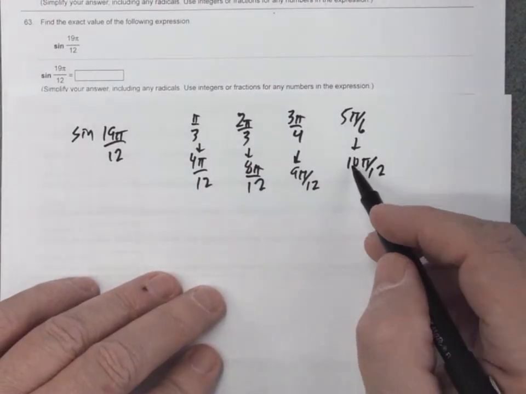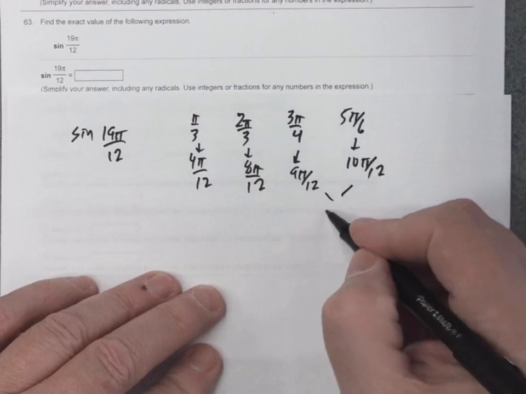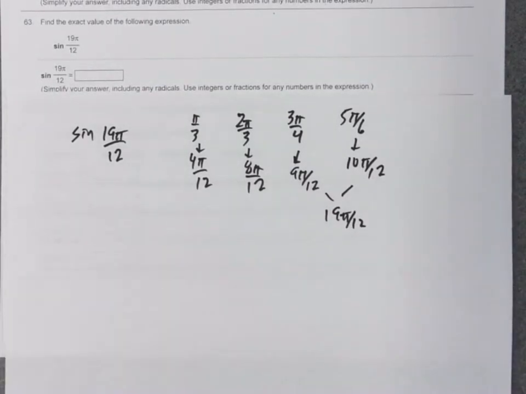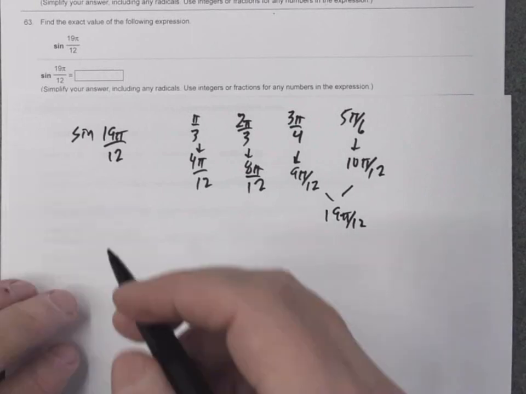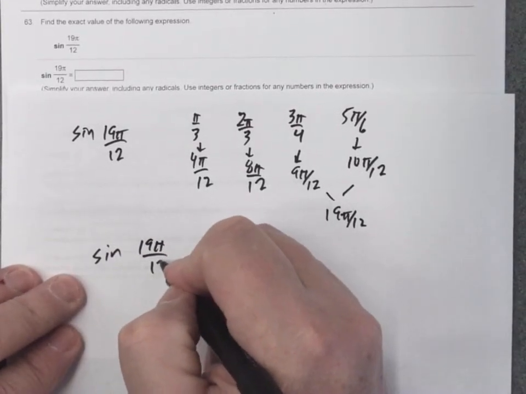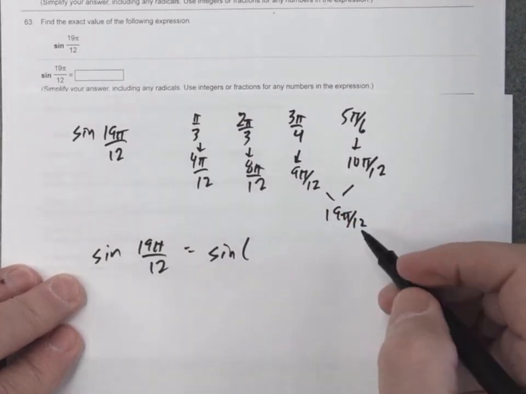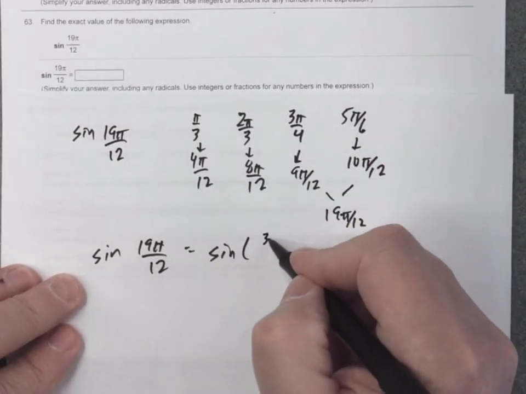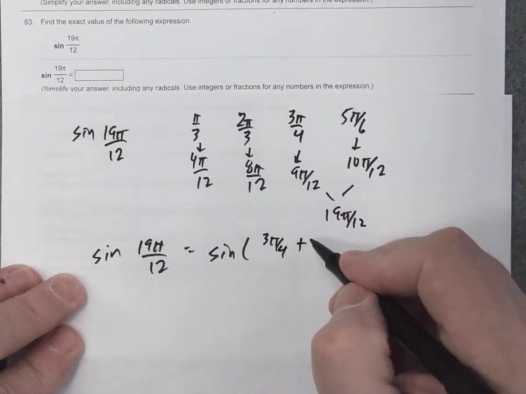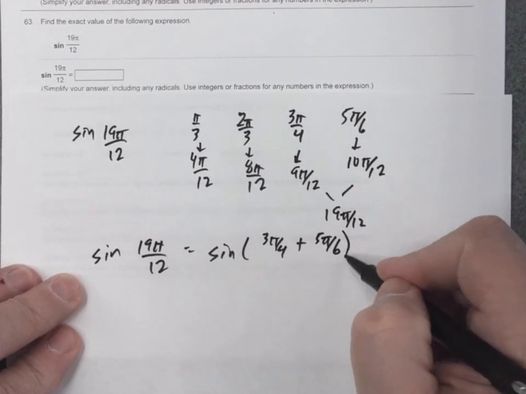Look at this. 10 pi over 12 plus 9 pi over 12. There we go. So it looks like the sine of 19 pi over 12 can also be rewritten as the sine of 3 pi over 4 plus 5 pi over 6.